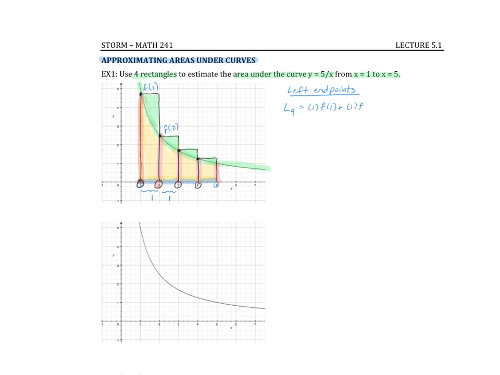So 1 times f of 2 would be the area of the next rectangle. And again, this third rectangle has a base or a length of 1 and a height of f of 3. So plus 1 times f of 3. Our last rectangle, base is 1, height is f of 4.